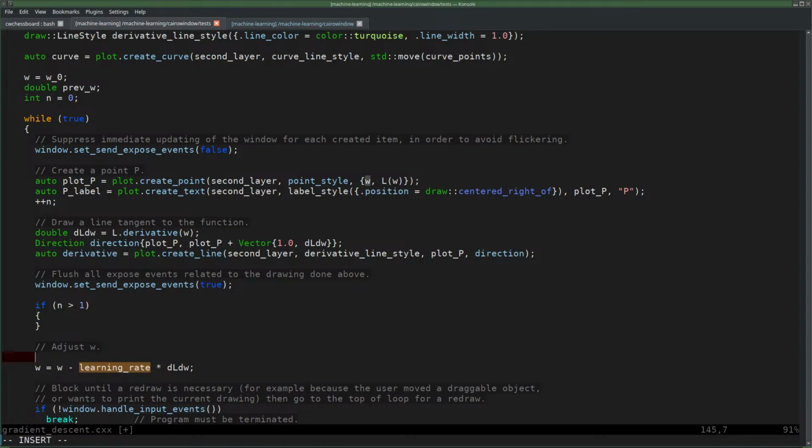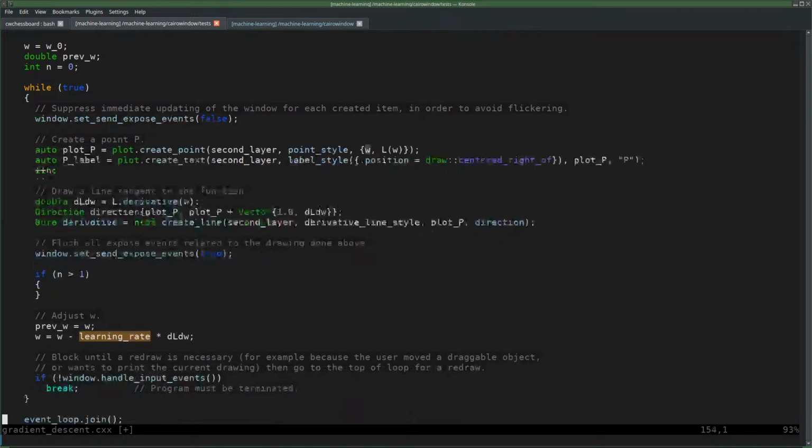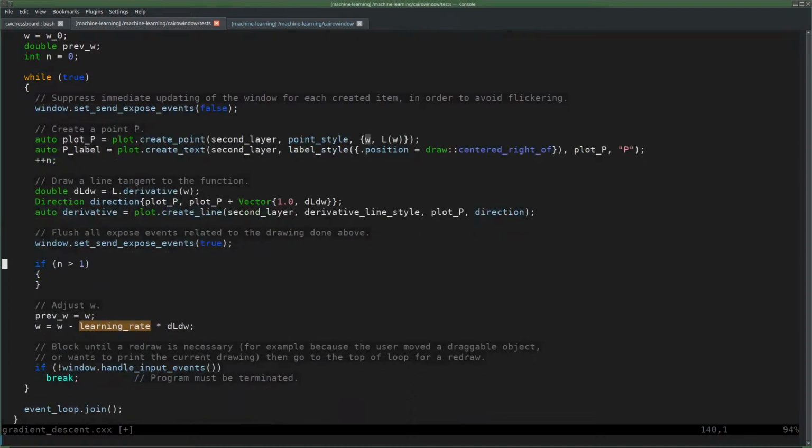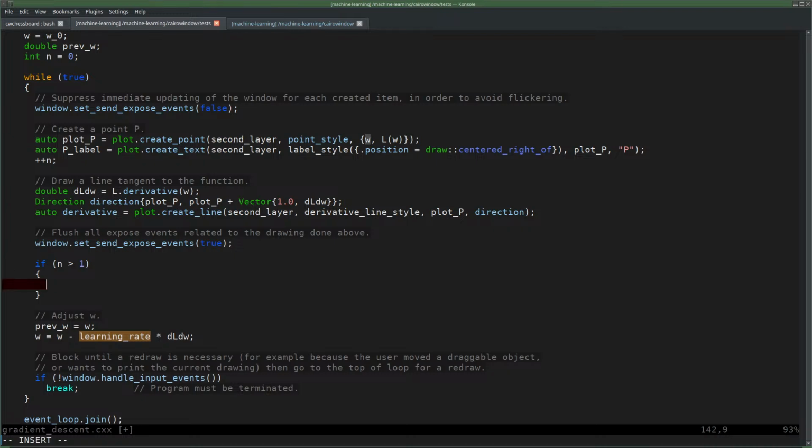Here we set the previous W equal to W before we change it. So if n is larger than 1, previous W has been set. And we're going to adjust just a tiny acceleration.